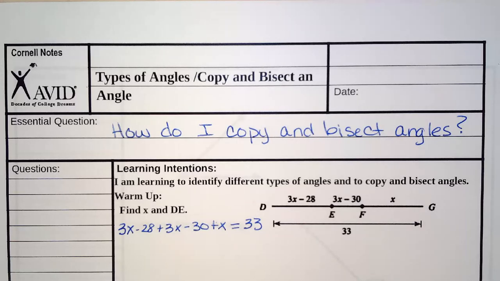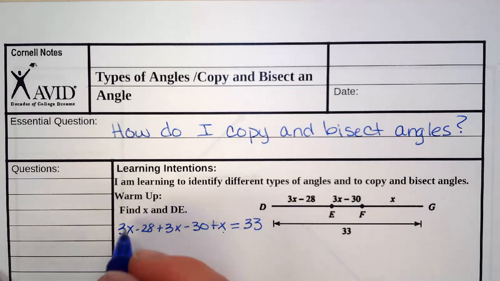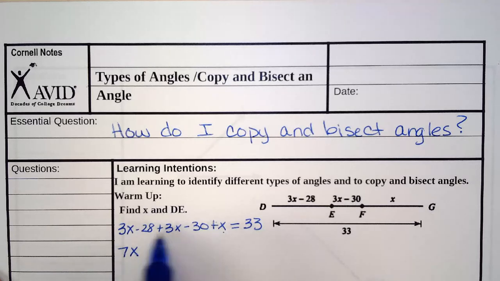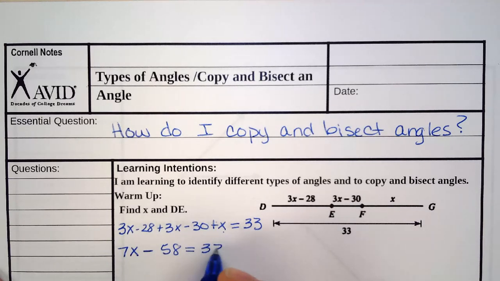Combine your like terms. 3x plus 3x is 6x, plus 1 more x is 7x. Negative 28 plus negative 30 is negative 58, is equal to 33.